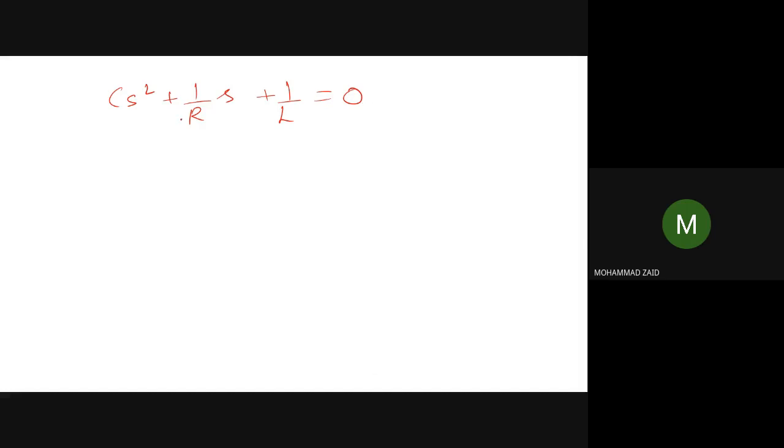I'm sorry, it is a quadratic equation in s. So obviously it will have two solutions. That means two values of s can exist.